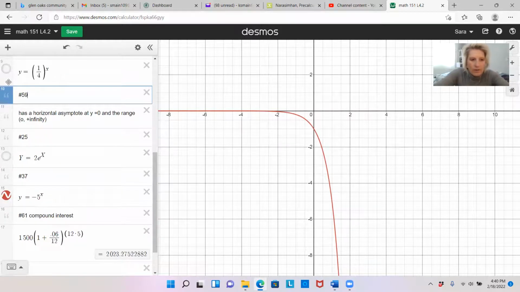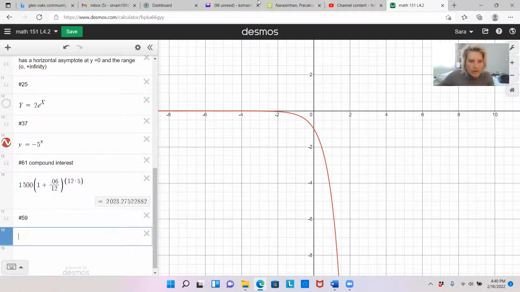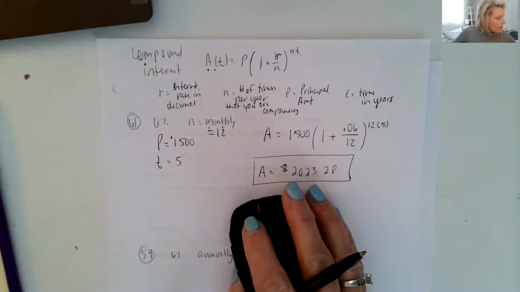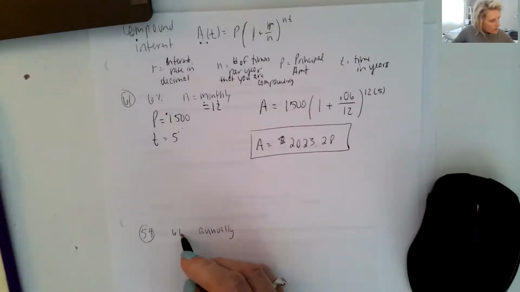Let's look at number 59. Number 59 says we're going to look at the same scenario, but this time it's with a 3% interest.